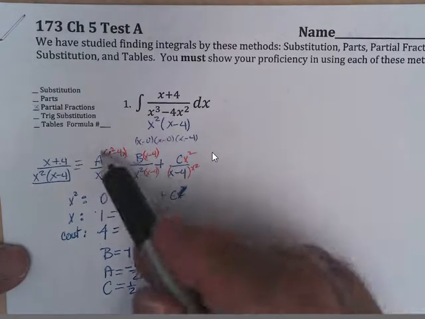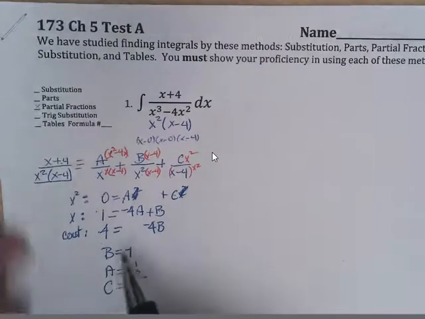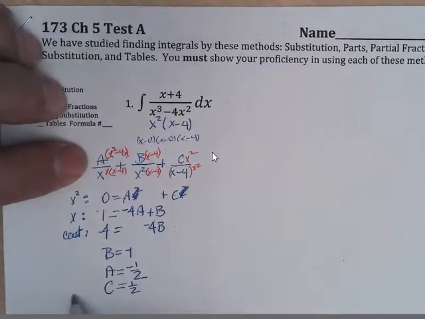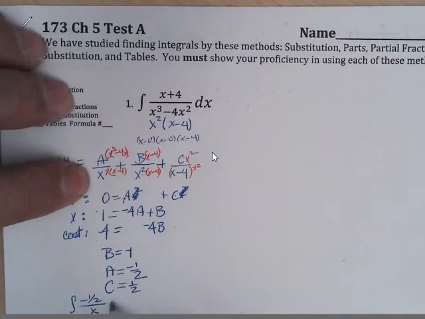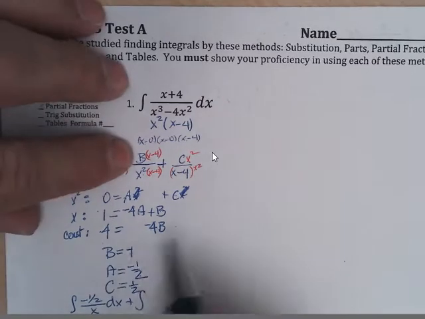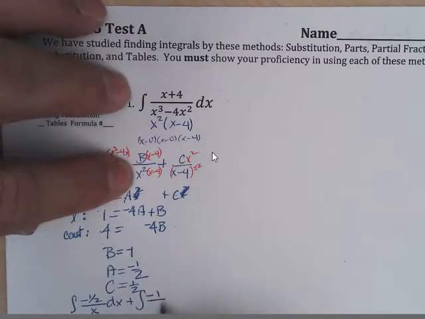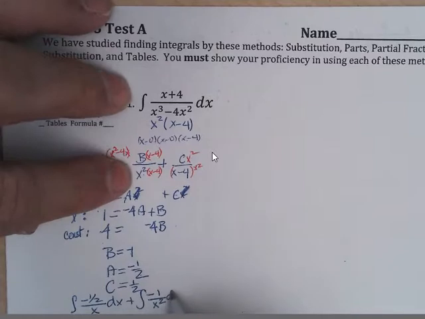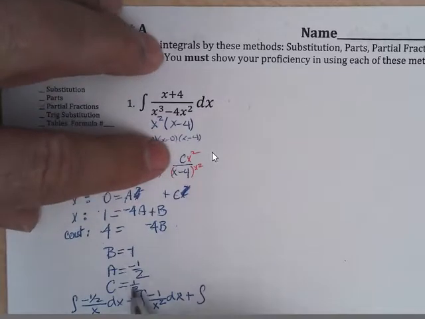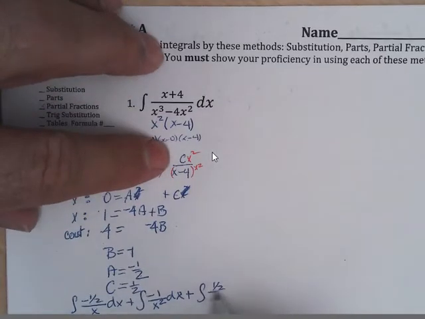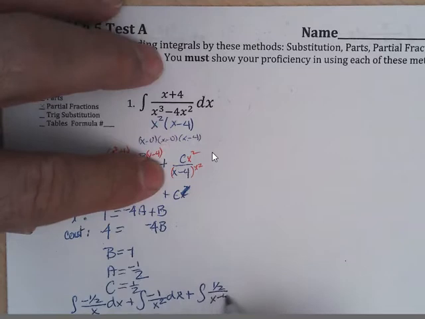So putting those in, I get the antiderivative of a over x plus the antiderivative of b over x squared plus the antiderivative of c over x minus 4.